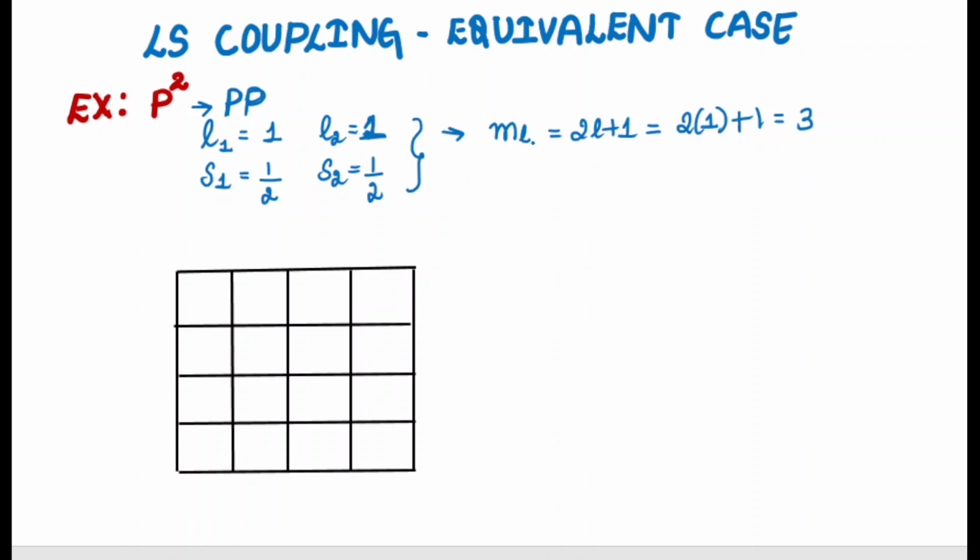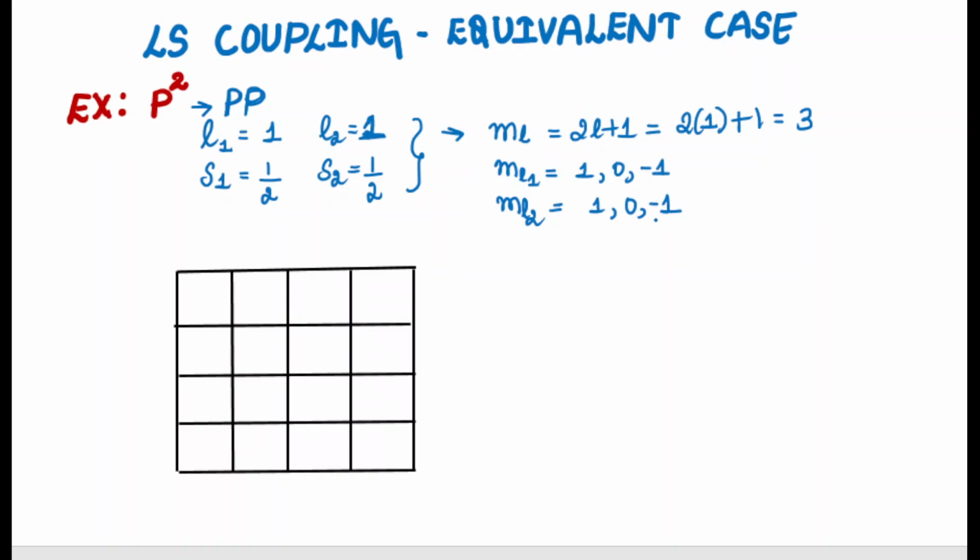So there will be 3 ml values. I can write ml1 as 1, 0 and minus 1. What are the ml2 values? They are the same, 1, 0 and minus 1, because L1 and L2 are the same. That's why in the presence of a magnetic field the orbital quantum numbers are 1, 0, minus 1, and 1, 0, minus 1.